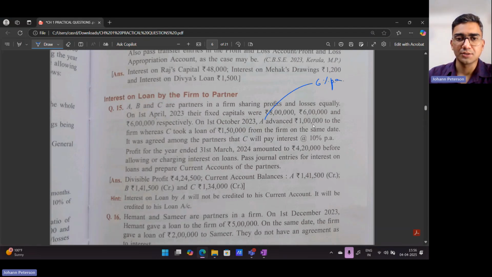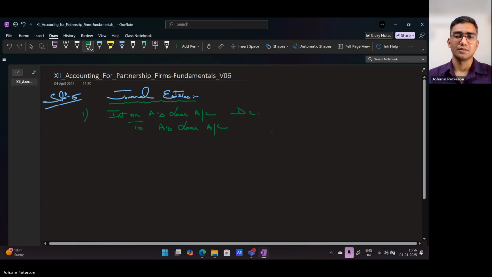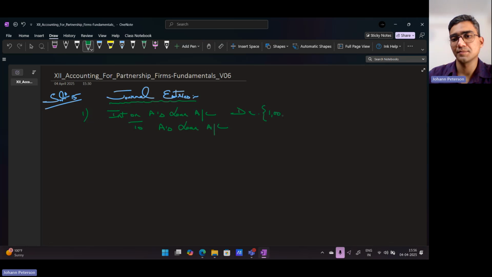A has given a loan of 1 lakh to the firm, and on this he's getting 6%. So on 1 lakh, 6% will be 6,000. But since it is taken on 1st of October, we will calculate it for 6 months. Thus, the calculation will be on 1 lakh, 6% and 6 months upon the total number of months. So this will come out as 3,000.